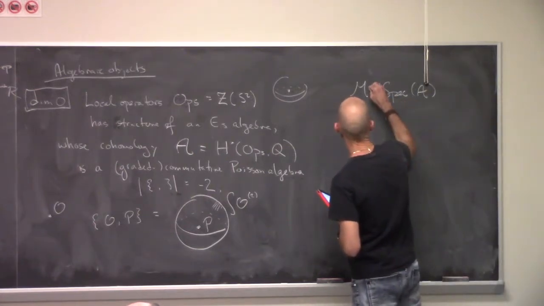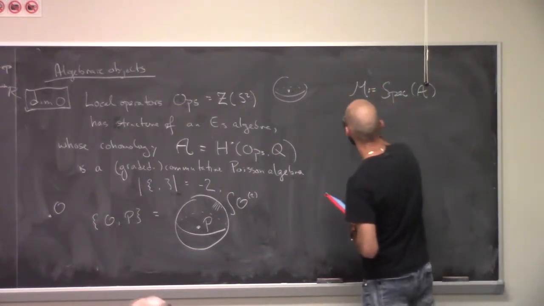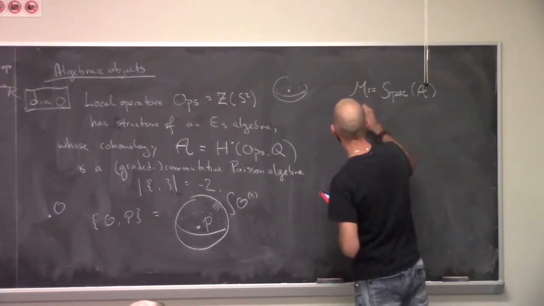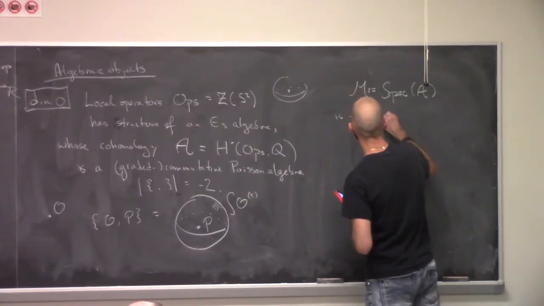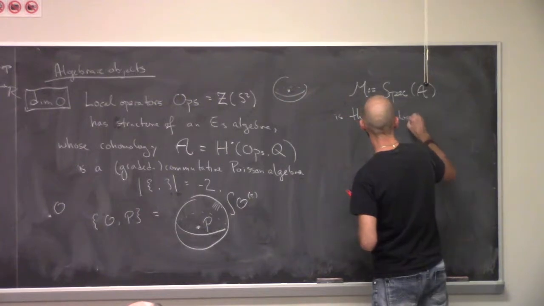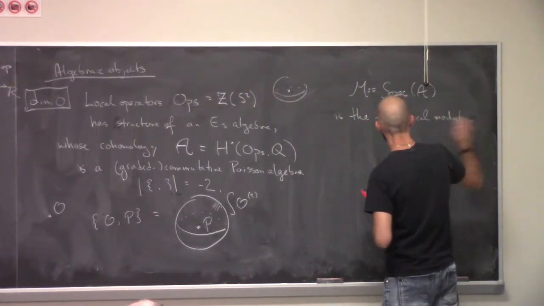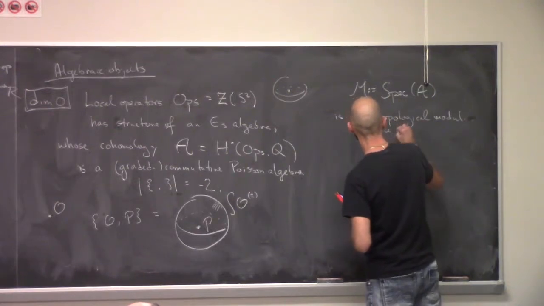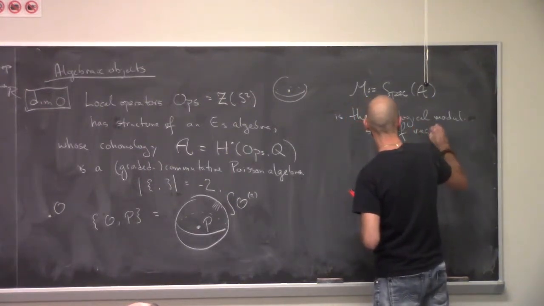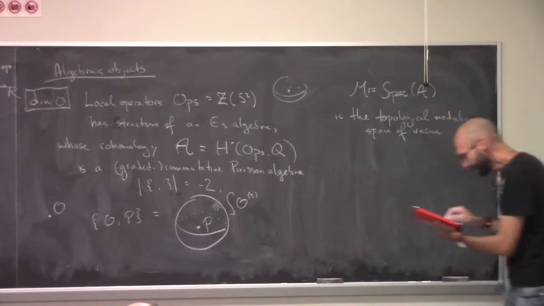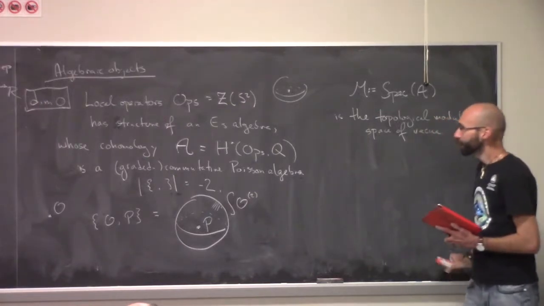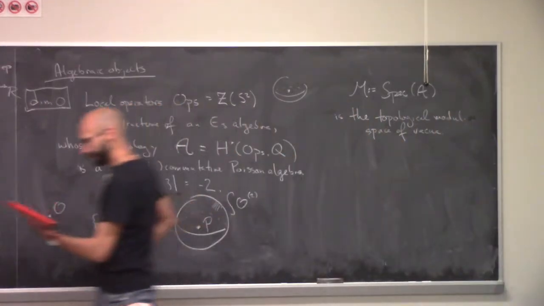So the spec of A is, by definition, the topological moduli space of vacua. So now let me give you examples.